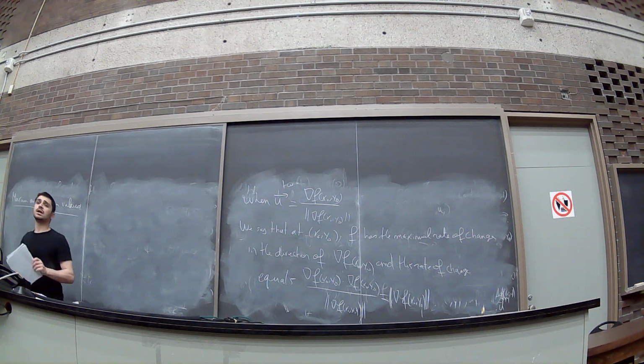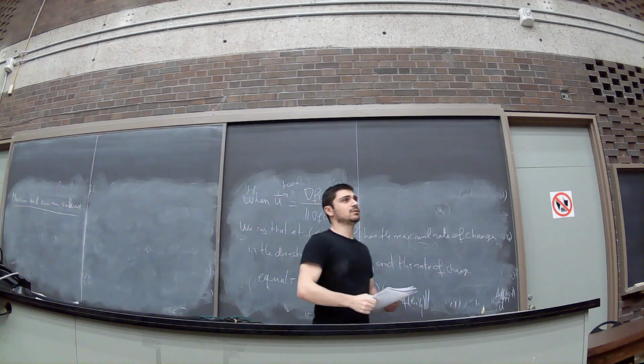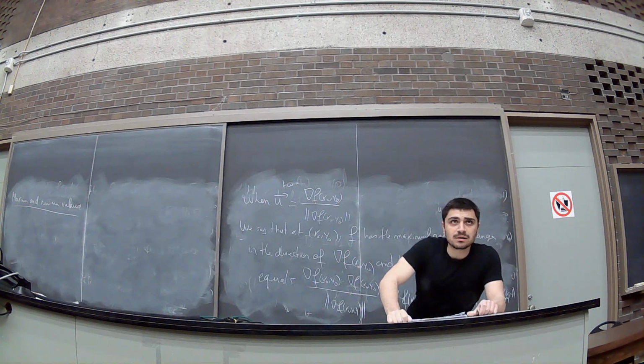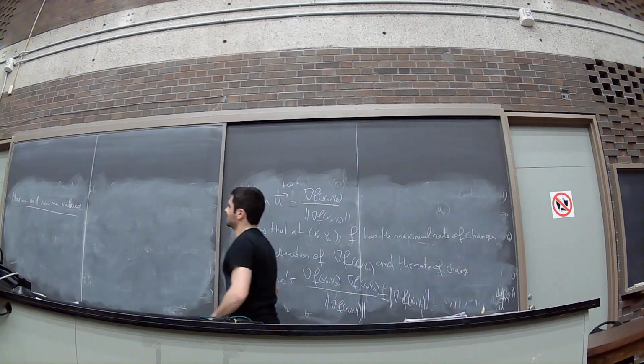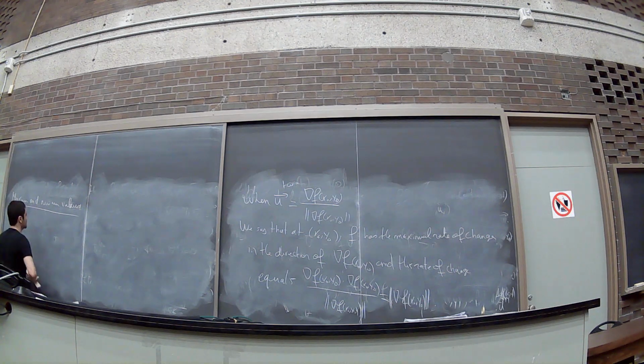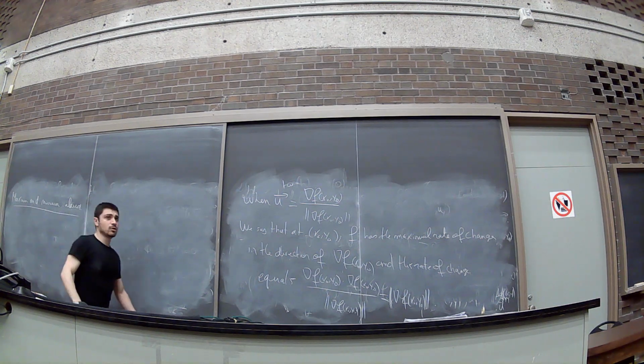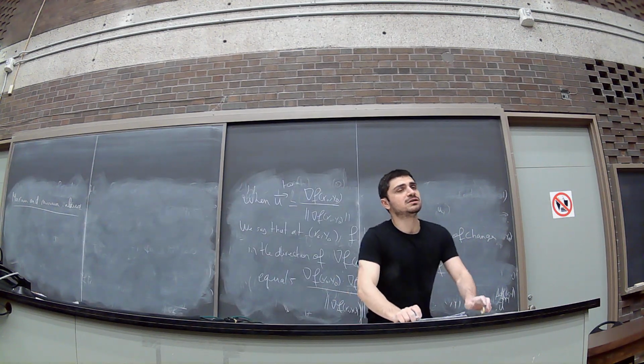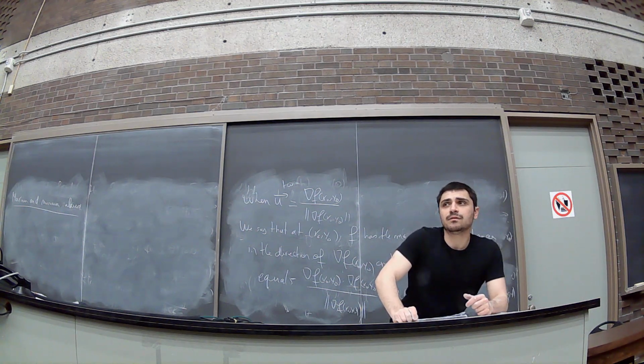Okay, great. So in Calc 1, a big part of the chapter on derivatives consisted of finding local max, local min, absolute max, absolute min, and things like that.